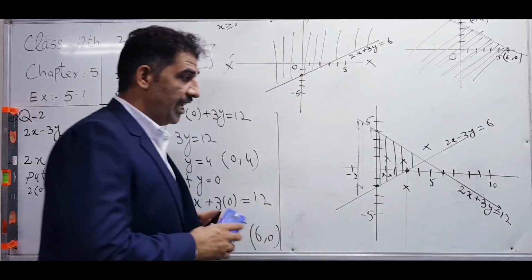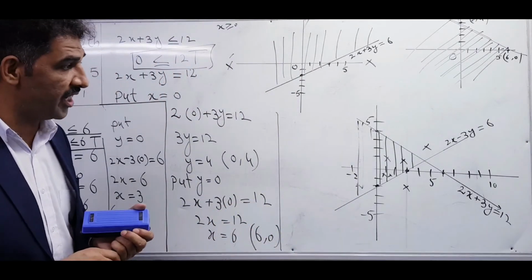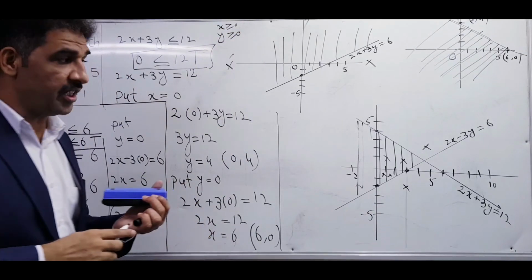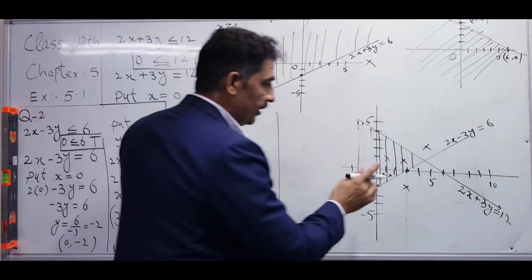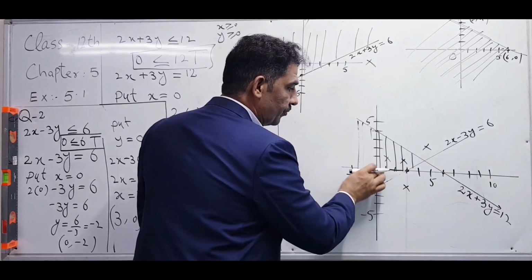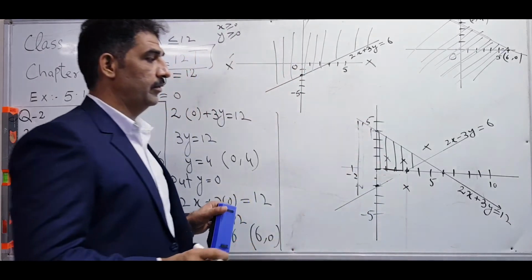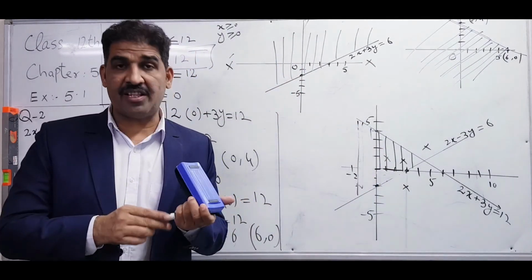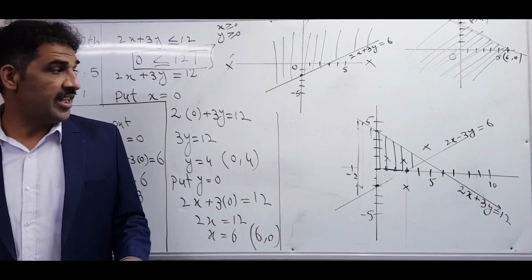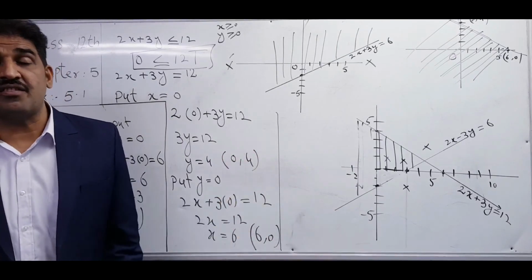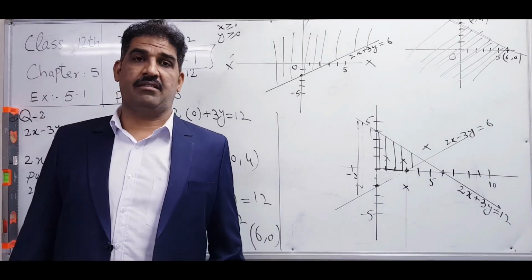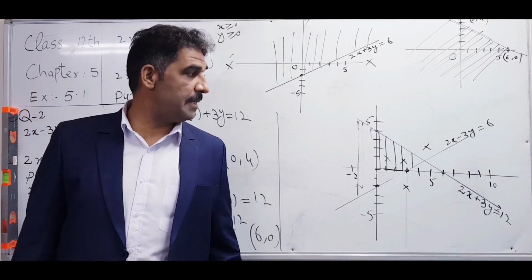If he says x and y both greater than 0, then the portion below this line you will also stop. Only the first quadrant portion will be shaded, because x and y both are positive. The region which is shaded in the first quadrant is called the feasible region. Such a region is called the feasible region.